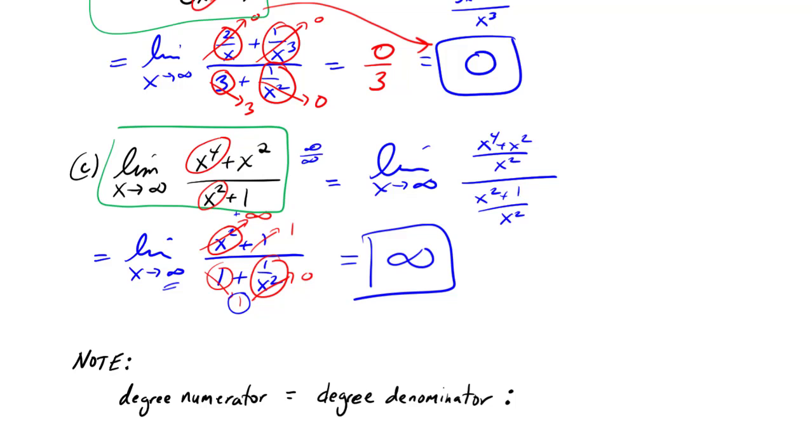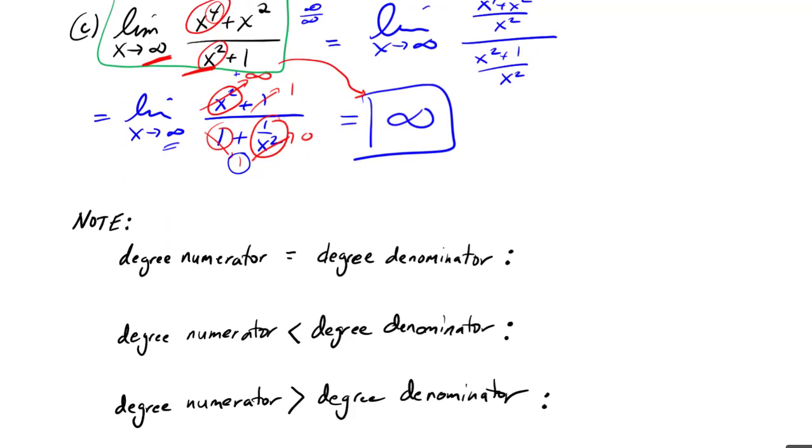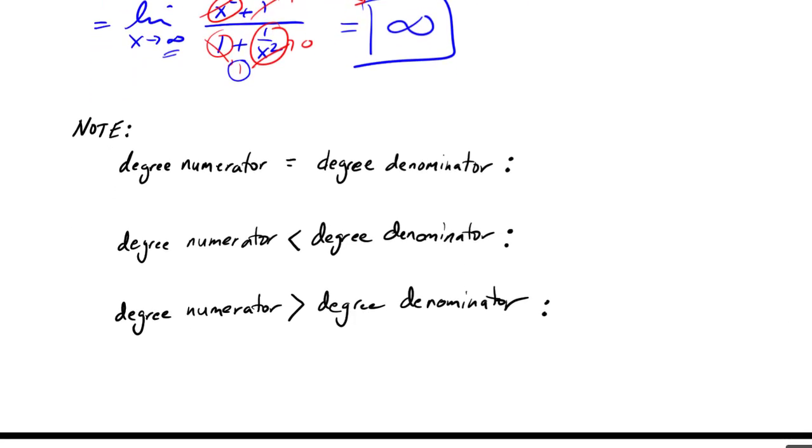So I will have to do a little more analysis in these because it's going to depend on all the signs of whether I'm going to positive infinity, the even or odd nature of the exponent, and the signs of the leading term in the denominator as well. So we'll see more of that. But this is going to go to infinity. In this case, it did go to positive infinity. So I can summarize that down here.